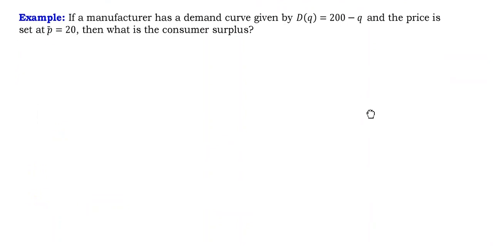If a manufacturer has a demand curve given by D sub Q equals 200 minus Q, and the price is set at 20, what is the consumer surplus? Well, the first thing that we always need to do is find Q. We're going to need to find Q because Q is going to be our upper bound. And so to do that, we're simply going to take our demand curve.